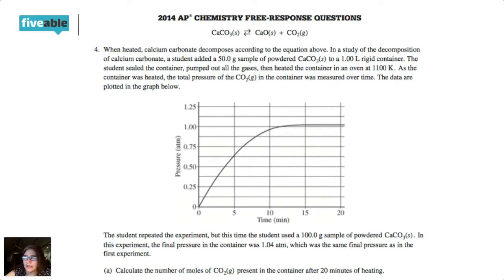Carbon dioxide is a gas. What do you have for information about the gas? You have the pressure and you have the volume of the container. You also have the temperature. So how would you solve it with this data?